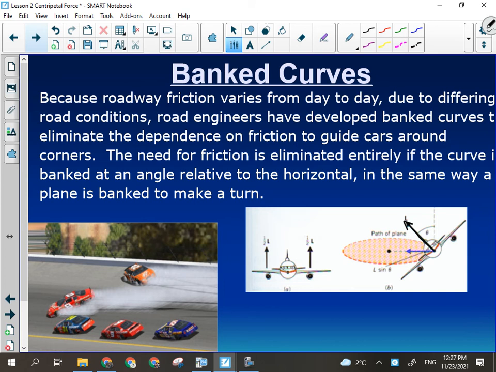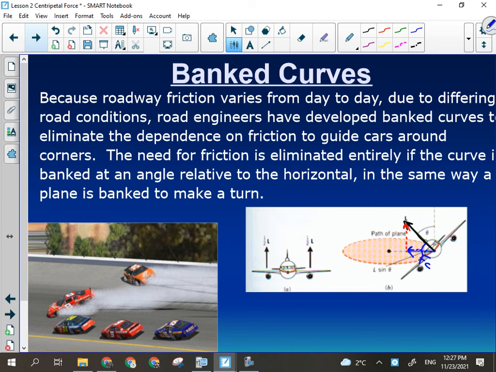But now there's a part of that force directed straight upwards, and a part directed inwards towards the center of the circle. Everyone with me there? So that blue line then is our centripetal force. It's a component of the angle of bank and the lifting force of the wings.